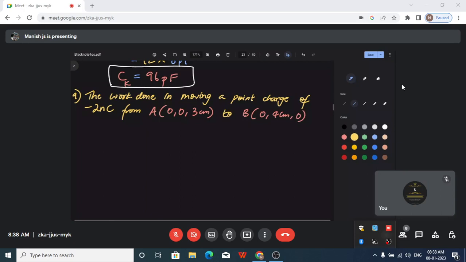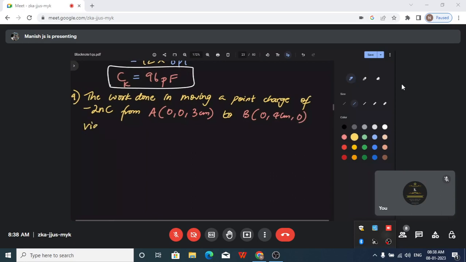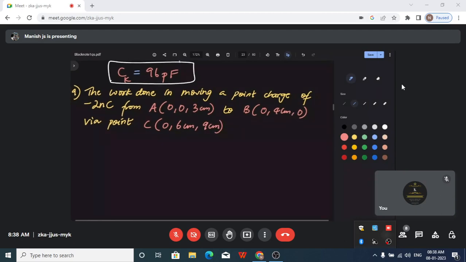Via point C, which is 0, 6 centimeters, 9 centimeters.